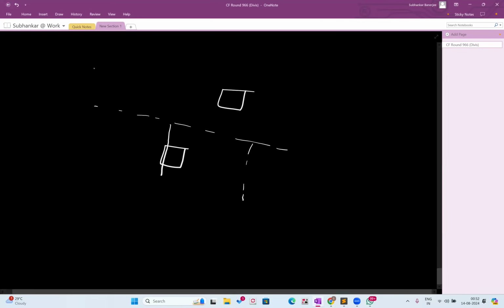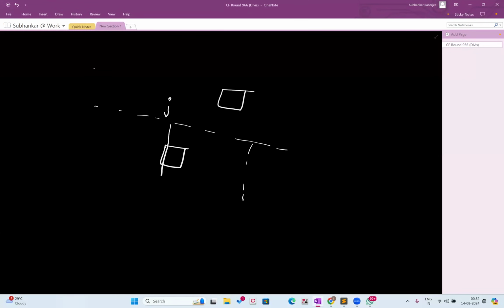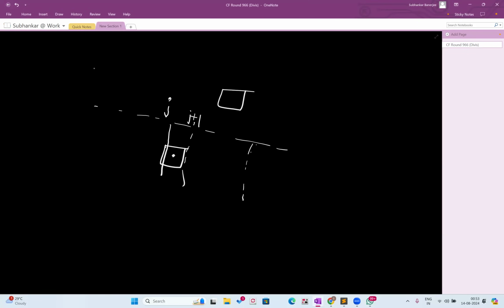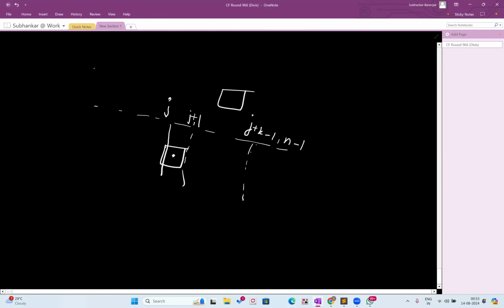Suppose the beginning is marked as j, and the ending is marked as j plus 1. This is what I am calling the i, j cell. So the right border can go up to j plus k minus 1, and I'll take the minimum with n minus 1 as well.